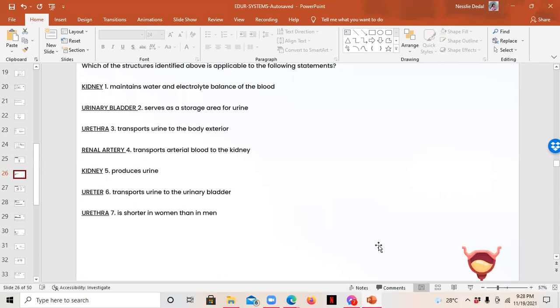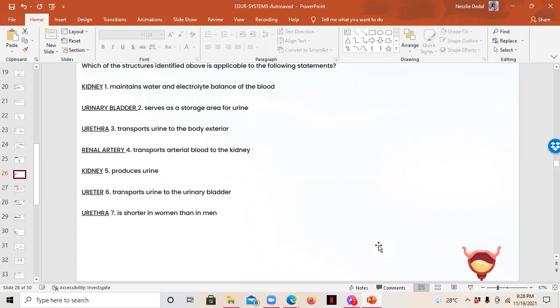Which of the following structures identified above is applicable to the following statements? Number 1, maintains water and electrolyte balance of the blood. Answer is kidney. Number 2, serves as a storage area for urine. Answer is urinary bladder. Number 3, transports urine from the body, the ureters.